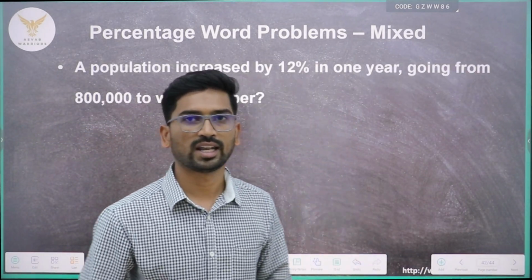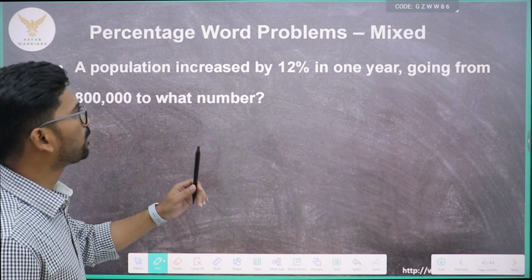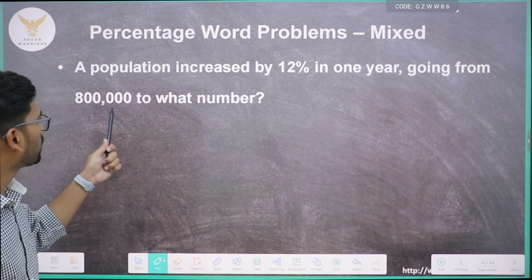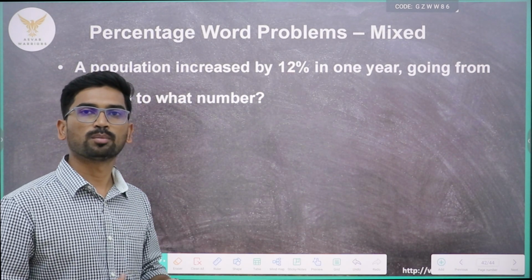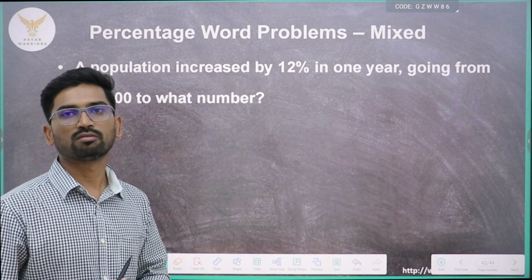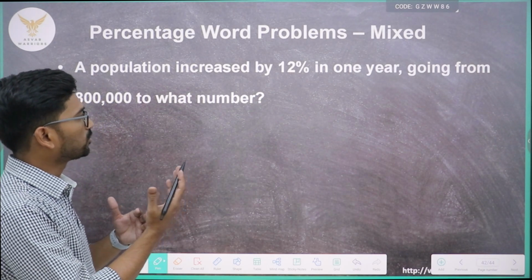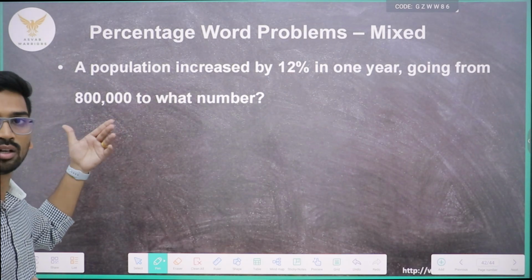Let us see our next question. The next question is, a population increased by 12% in 1 year, going from 800,000 to what number? Now this is a question of percentage increase. We need to calculate the percentage increase of the total population.